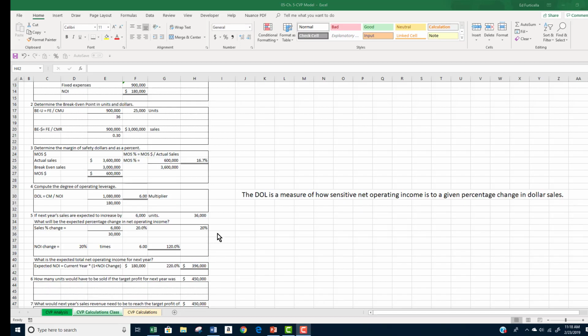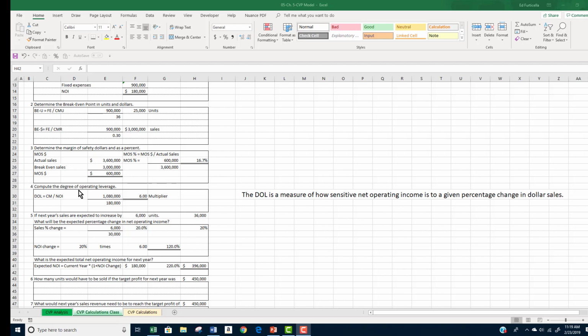Bottom line here is that if we're projecting that sales will increase by 20%, and we have a degree of operating leverage of 6, then our expected change in net operating income is going to be 120%. That 120% change translates into a new total expected net operating income of $396,000.